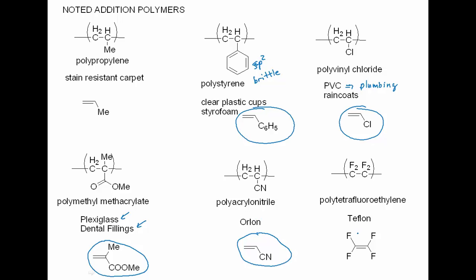This molecule, tetrafluoroethylene, we should be able to appreciate its design because the CF bonds are very strong. So people wanted a no-stick frying pan, so they actually have to have a polymer that's sturdy at very high temperatures.